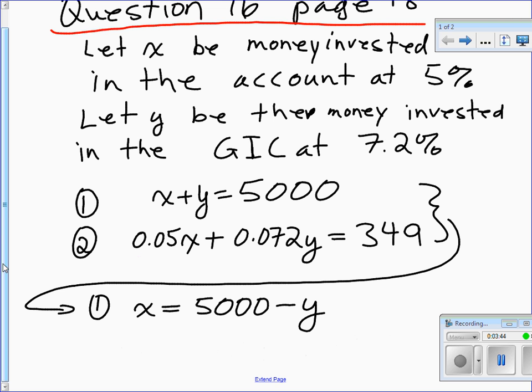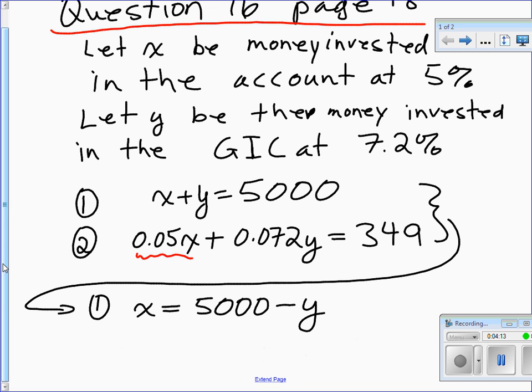Once I've decided what I'm going to use for my equations, I'm going to isolate one of the values. The first value that I'm going to isolate is X, in the second equation, because I hate these decimals. If I want to get rid of them, I have to multiply by at least 100.